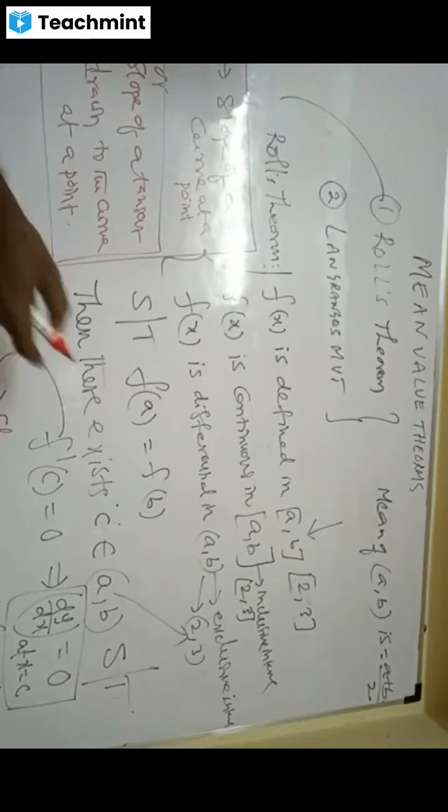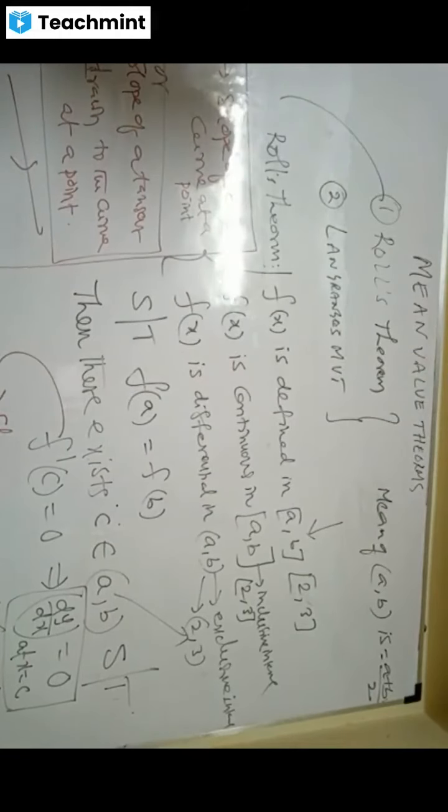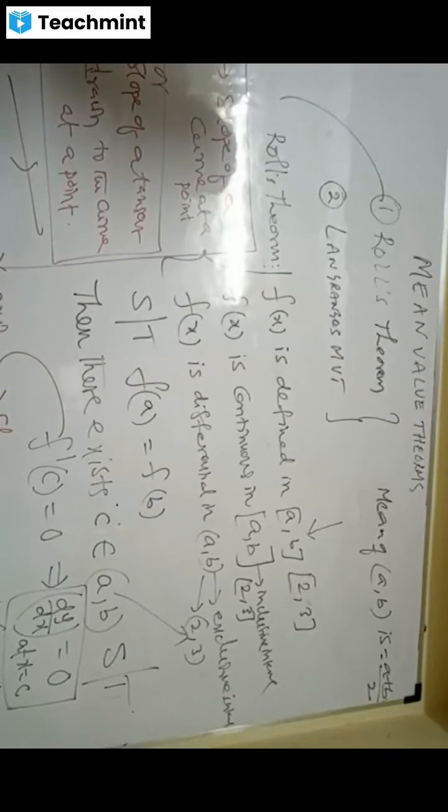What do you mean by slope of a curve at a point is 0? It is parallel to the x-axis. The tangent is parallel to the x-axis. This is the tangent, and this is the x-axis. The tangent is parallel to the x-axis.